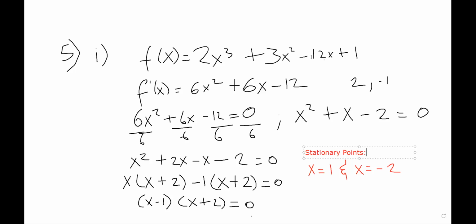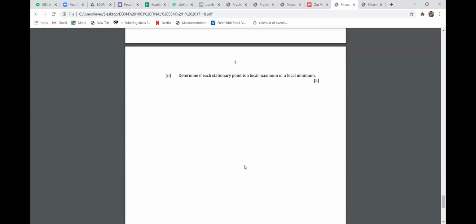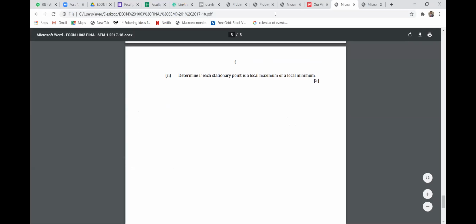And the last part of the question, very last thing we'll be doing tonight, let's pull up the question. It says that we are to determine if each stationary point is a local maximum or a local minimum. And remember that we spoke about the local maximum and local minimum in the last paper.